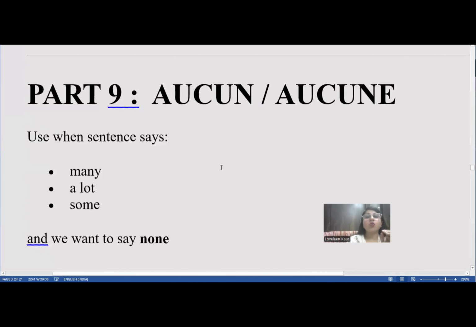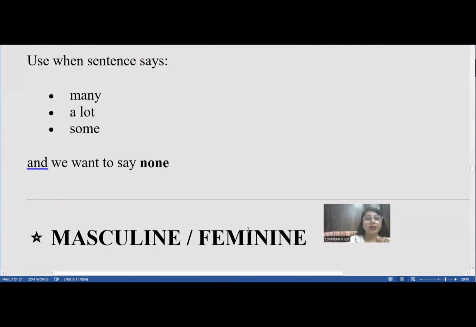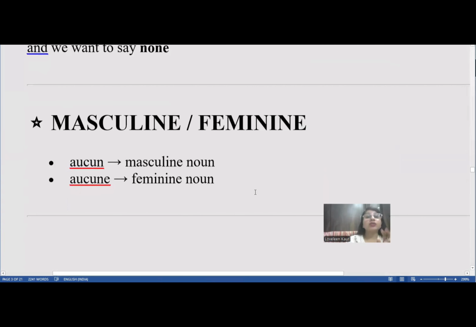Now the next thing is aucun, aucune. We use it when the sentence says, meaning if in the sentence it's given many, a lot, some, and you want to say none. That time we use aucun or aucune. Actually, we have aucun and aucune, two things here.